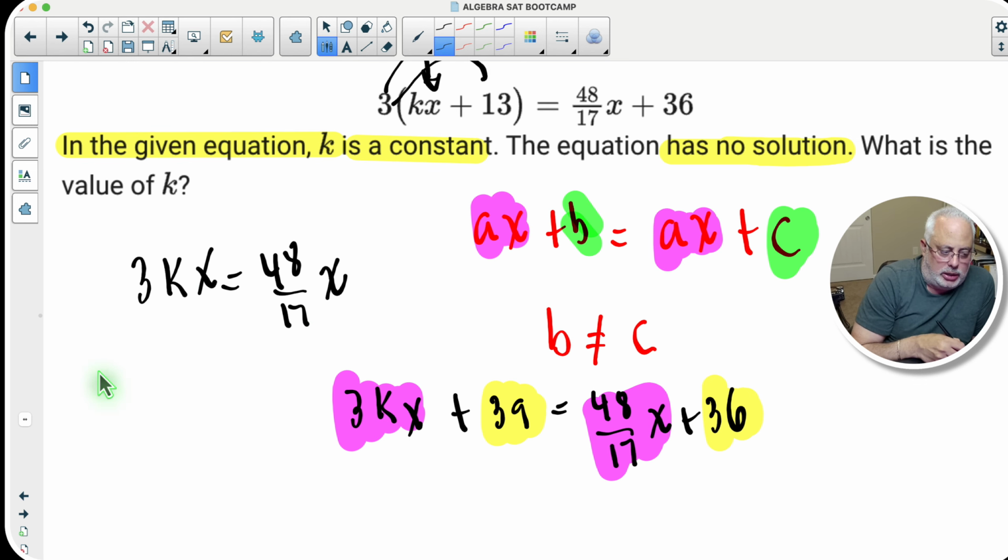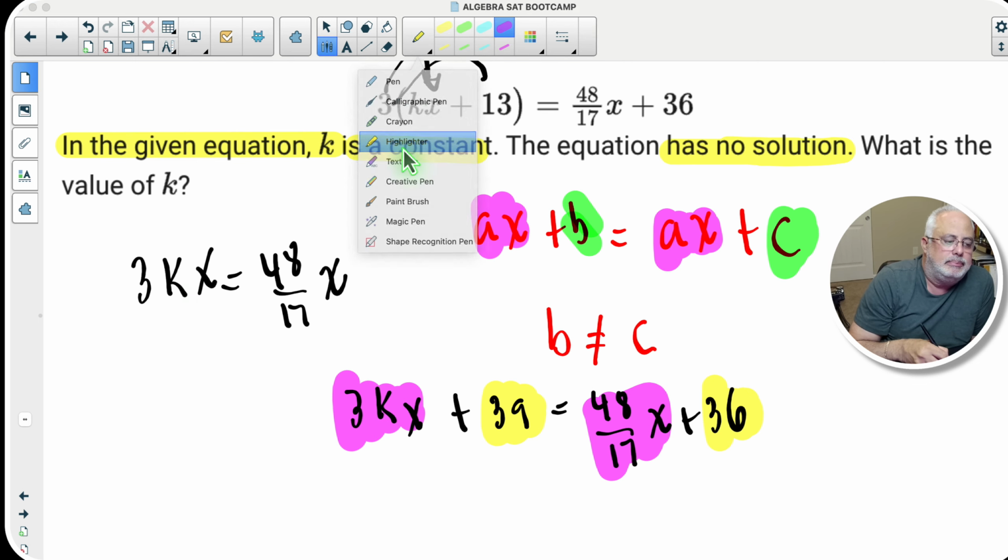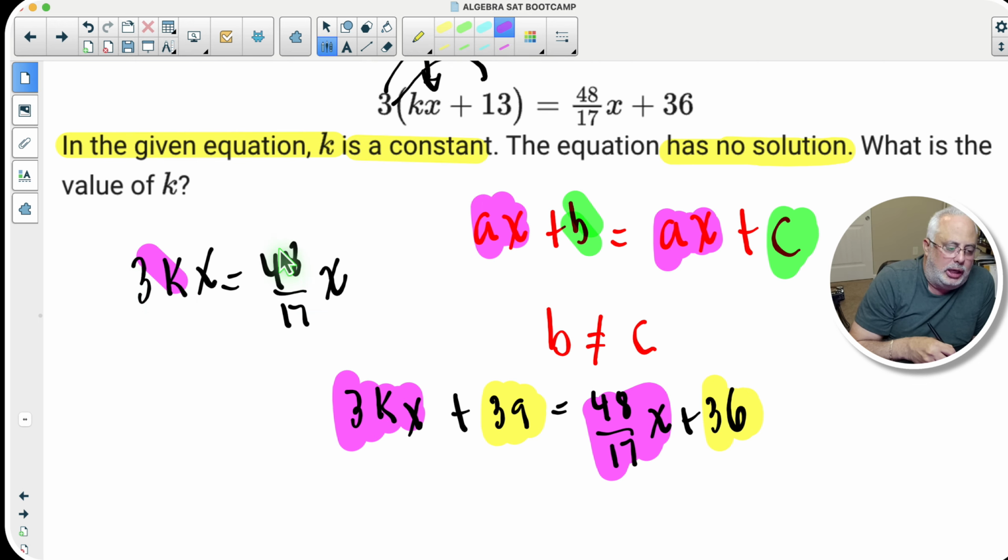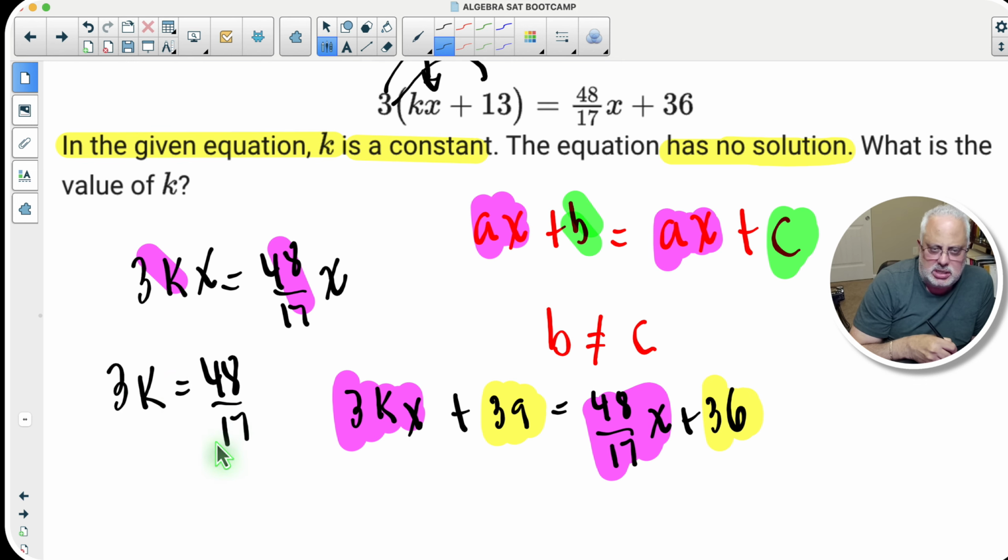So I know that the coefficient here must be equal to the coefficient here. So 3k must be equal to 48 over 17. Very simple. You divide by 3. When you divide by 3, you multiply by the reciprocal, which is 1/3.